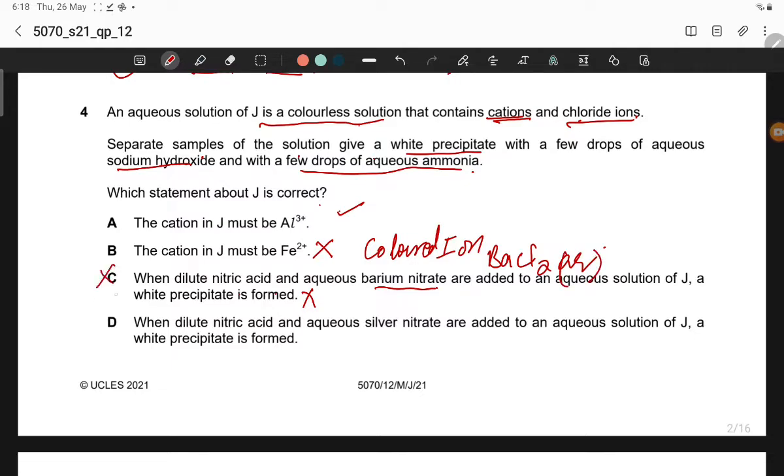So C is also incorrect. When dilute nitric acid and aqueous silver nitrate are added to an aqueous solution of J, a white precipitate is formed. Yes, this is the correct option. A is not correct, because separate samples of the solution give a white precipitate.